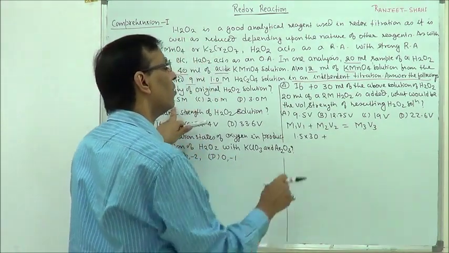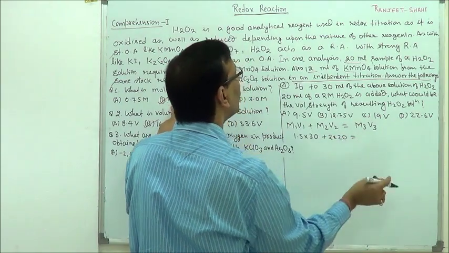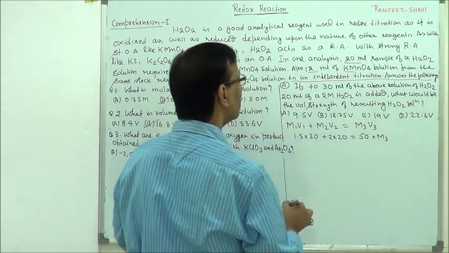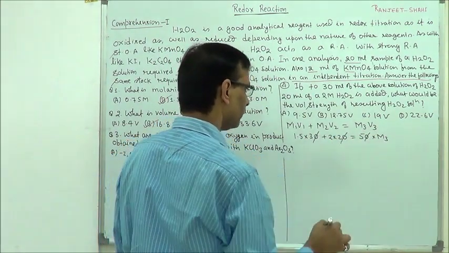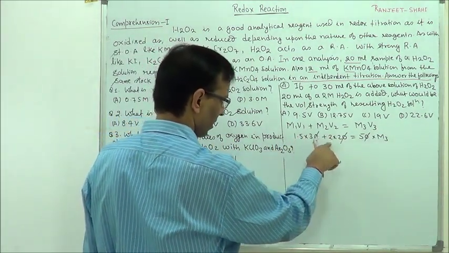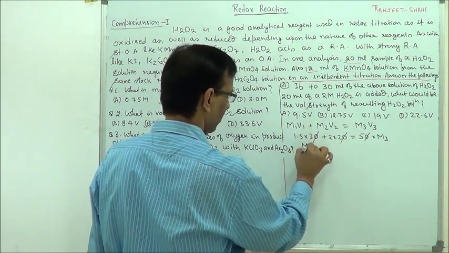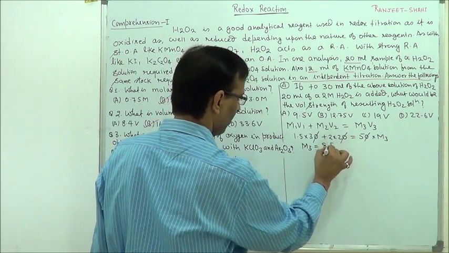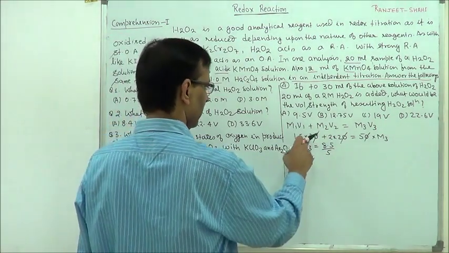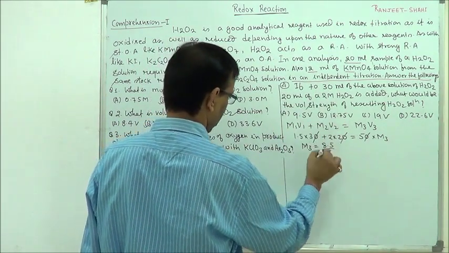Second solution has molarity 2, volume 20, so 2 into 20. Final volume will be 30 plus 20, 50. Let final molarity be M3. So 0 will cancel off. So it is 3 into 1.5, 4.5, plus 4, 8.5 divided by 5. So M3 is 8.5 divided by 5.